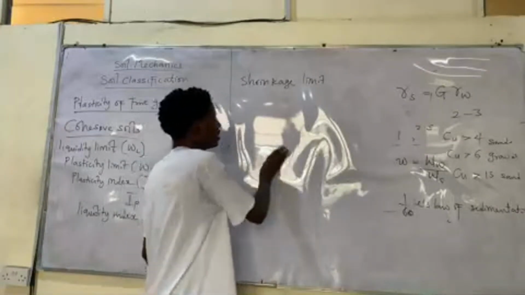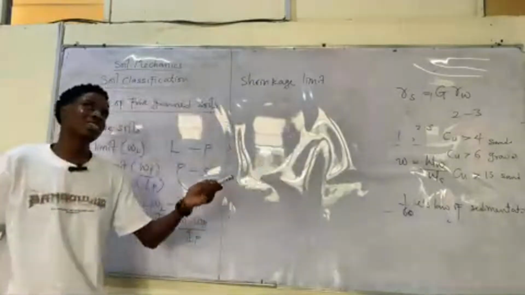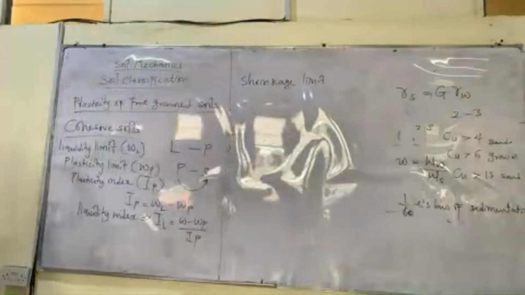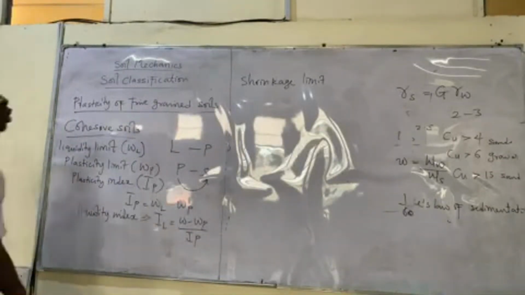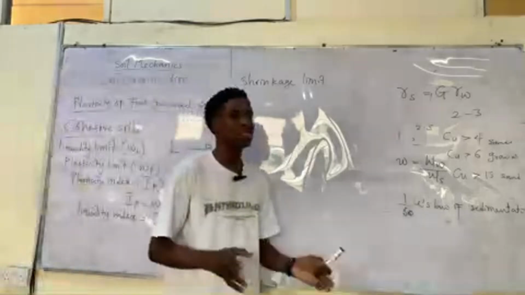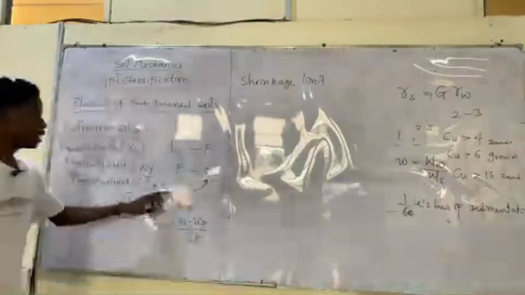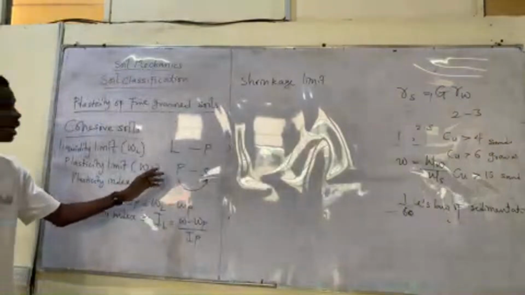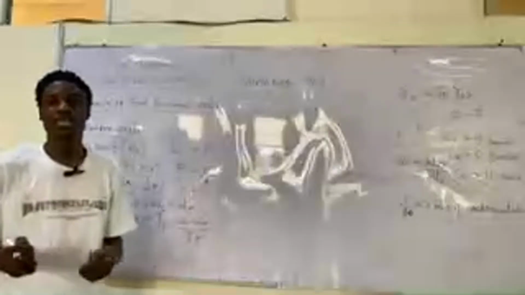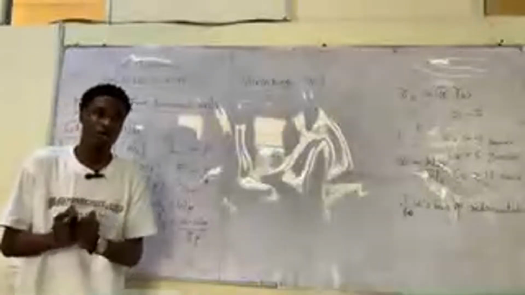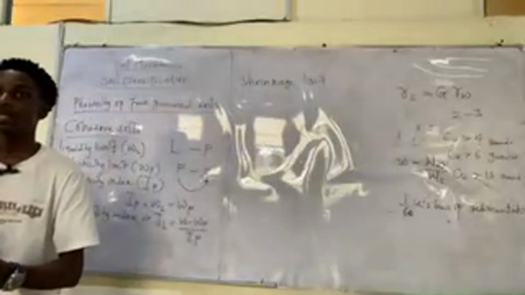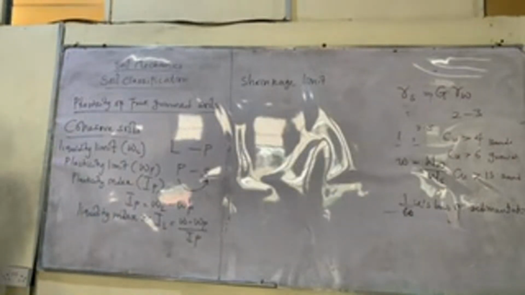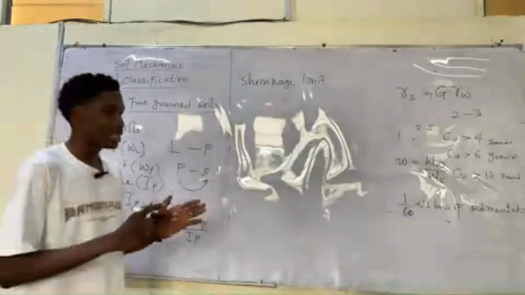Now this does not have an exact formula. The definition: the shrinkage limit is the point at which the soil has attained the plastic limit, but it still has water content. So there is a decrease in volume. It shrinks. There's a decrease in volume gradually before it becomes brittle.